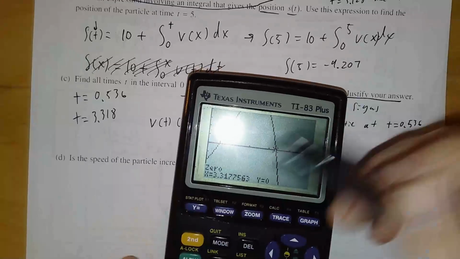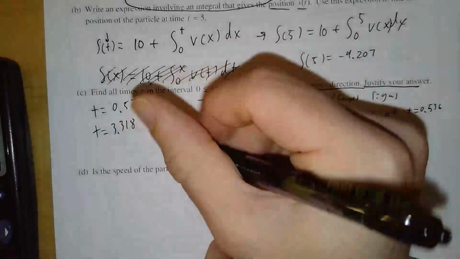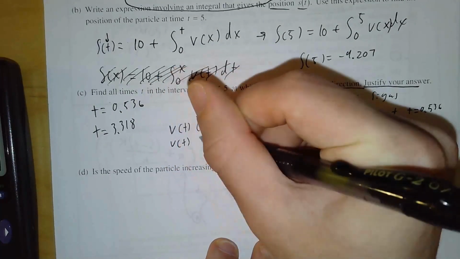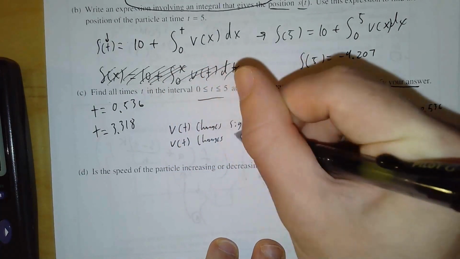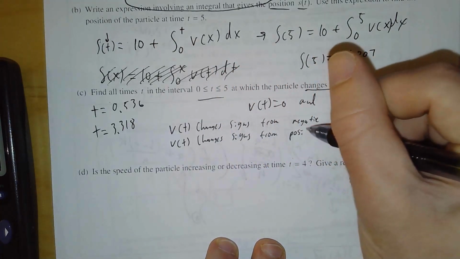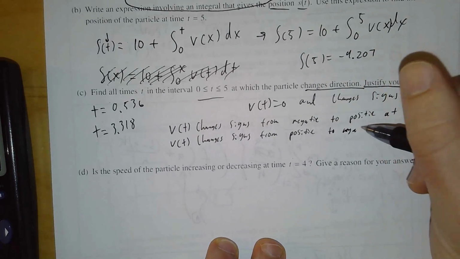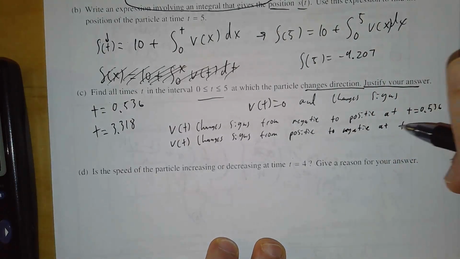Again, visual, negative to positive. And v of t changes signs from positive to negative at t equals 3.318.